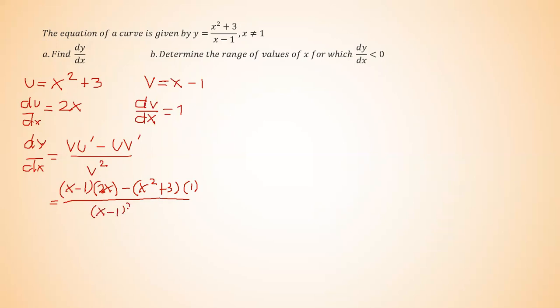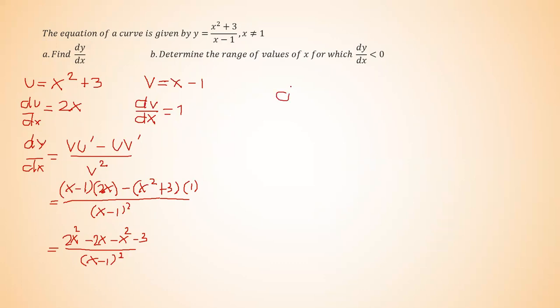Over (x minus 1) squared. And it becomes 2x squared minus 2x minus x squared minus 3, over (x minus 1) squared.